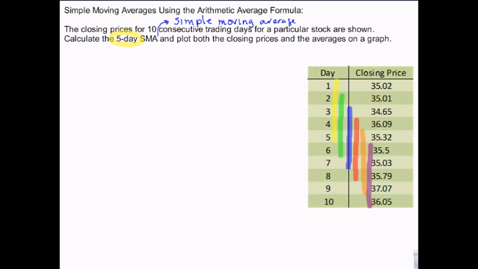So far, okay? All right, so what we're going to do is take those first 5 days, so 1 through 5, and that takes me from 3502 to 3532. I'm going to add those together, and I'm adding together 5 numbers, so I divide by 5.